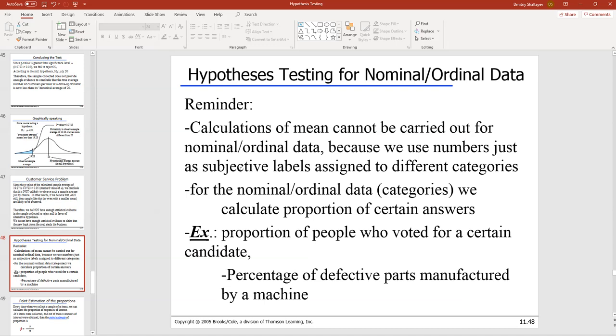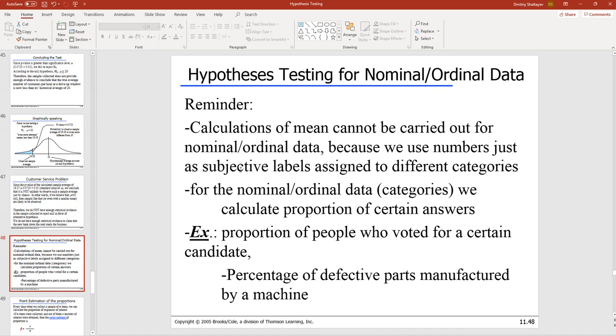Or another good example is manufacturing. In the manufacturing process, you have a machine that makes different parts, and each part can be tested after it's been finished. Upon final testing, we can determine if this part is good or if this part is defective, right?